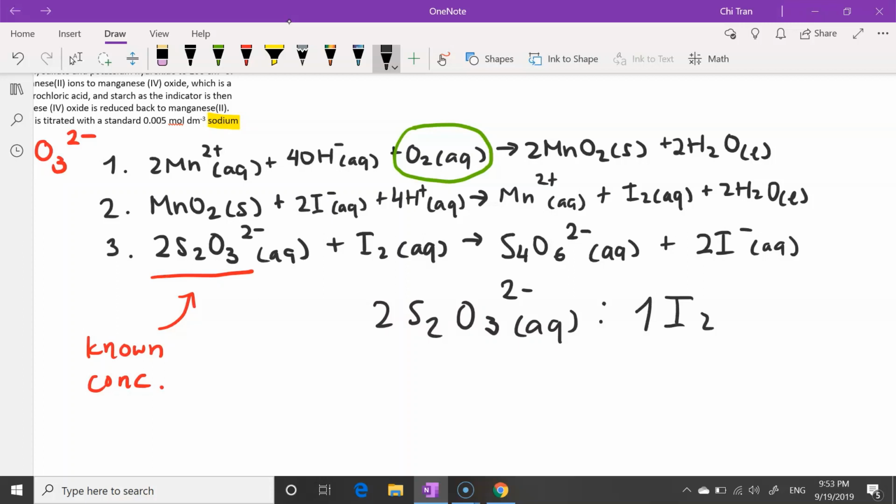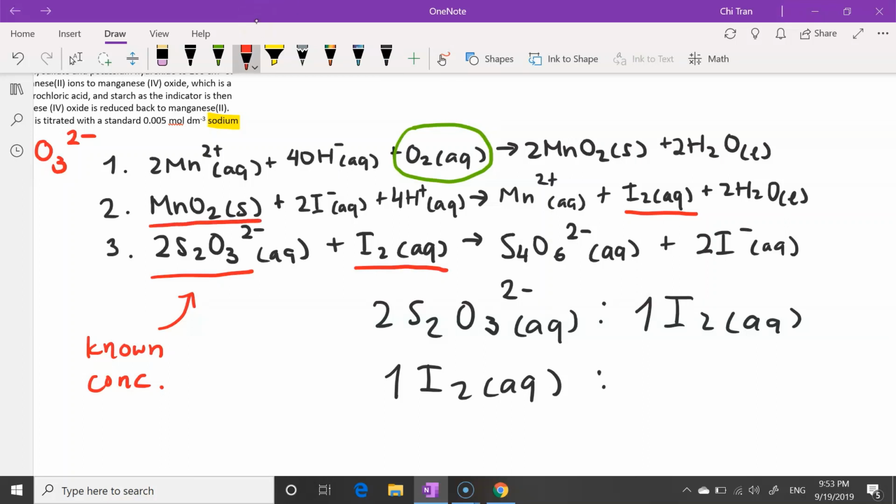This is the molar ratio deduced from the third reaction. The iodine reactant in the third step is the same as the iodine product from the second step. From there, we can deduce another molar ratio of 1 iodine molecule to 1 manganese oxide molecule in the second step of the chemical reaction.